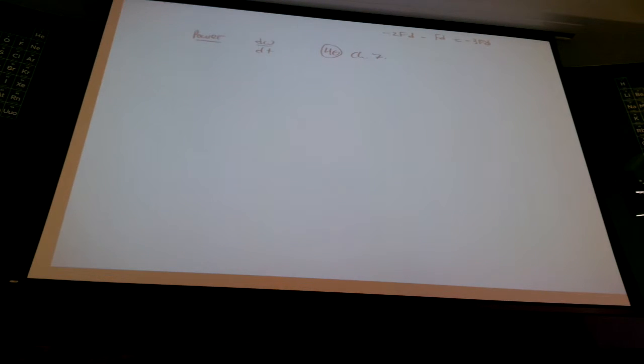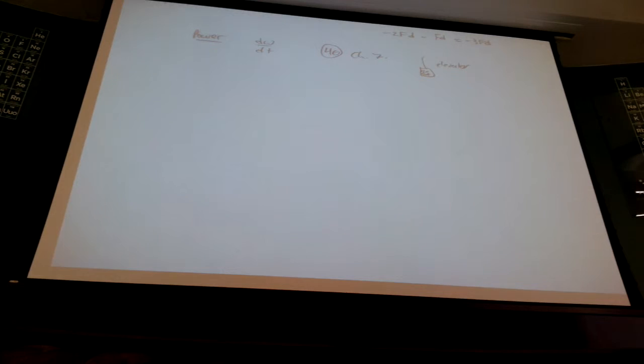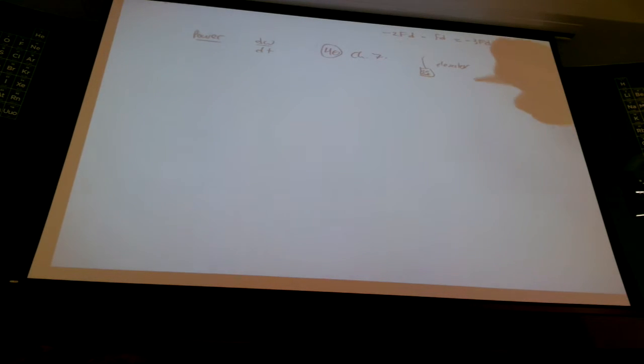Say number 46 in the book, 46 in chapter 7. This says you have an elevator. It's a loaded cabin elevator. And the whole thing has a mass of 3 times 10 to the 3rd kilograms, so 3,000 kilograms.